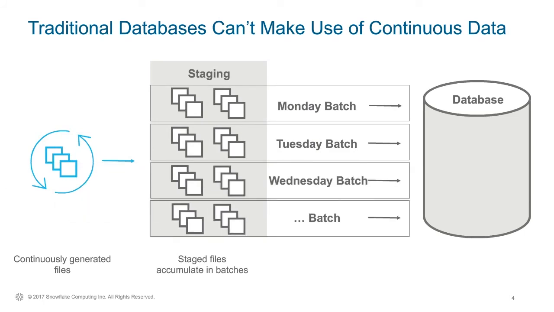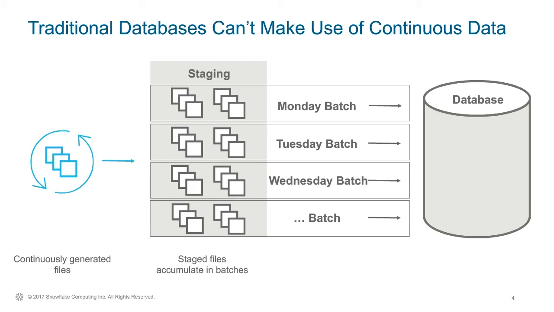Now, unfortunately, because of this methodology of batching things daily, hourly, even every 30 minutes, the data in the database is going to end up being stale. And if not stale, then certainly not as available as the data is being generated.